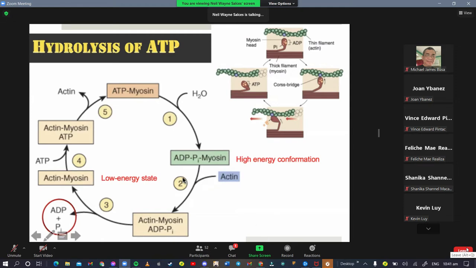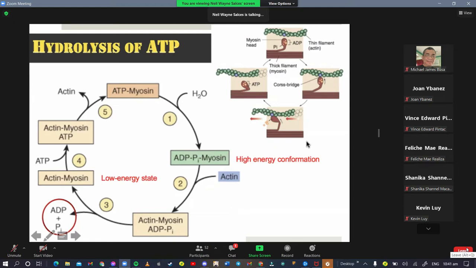Now, another molecule of ATP binds to the S1 head that eventually forms your actin-myosin ATP complex. So once you have this as the product of your biochemical reaction number four, the incorporation of your ATP, or the binding of your ATP to the low energy state, which is your actin myosin complex, this forms the actin myosin ATP complex.